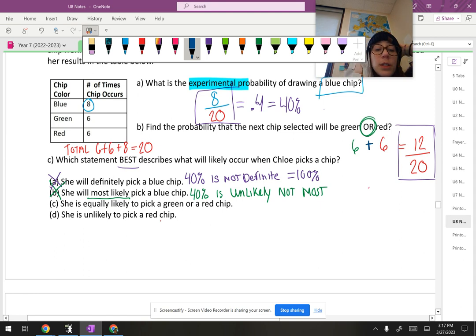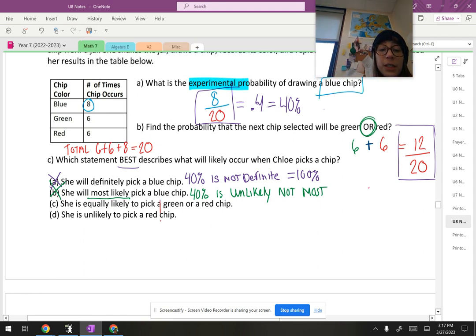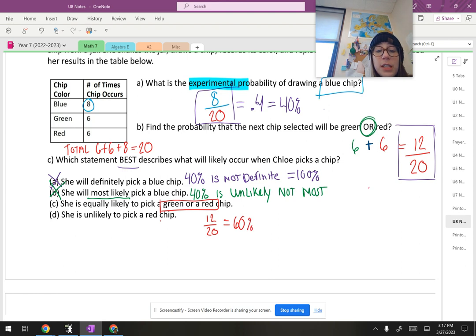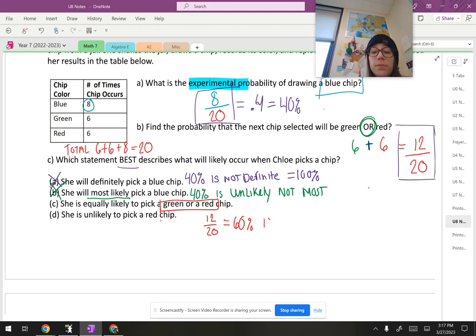Part C, she is equally likely to pick a green or a red chip. Well, we already figured out that a green or a red chip is 12 out of 20, which we can easily turn into a percentage. That turns out to be 60%. Is 60% equally likely? It's not, because in order to be equal, it's got to be 50-50, and that's not 50-50.